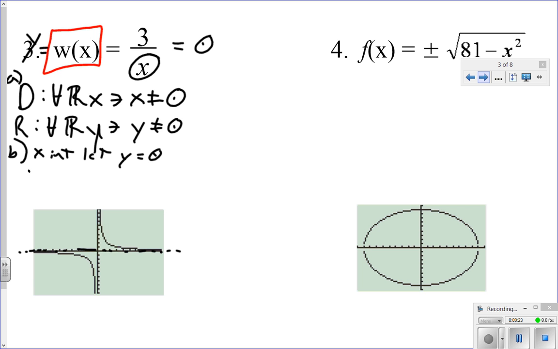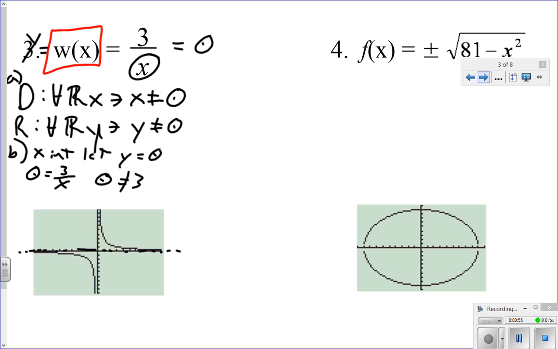So letting y be equal to 0, I get 0 is equal to 3 over x. Multiply x by both sides, and this drops out because I get 0 times x is 0, which is equal to 3. Well, that's not true, so there are no x-intercepts. And I can see on my graph that it doesn't cross my x-axis.